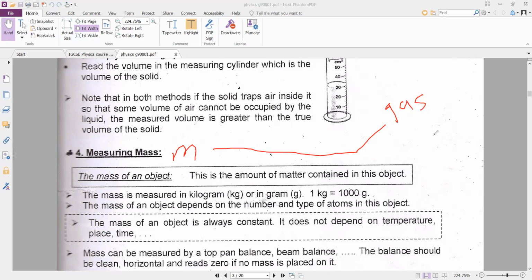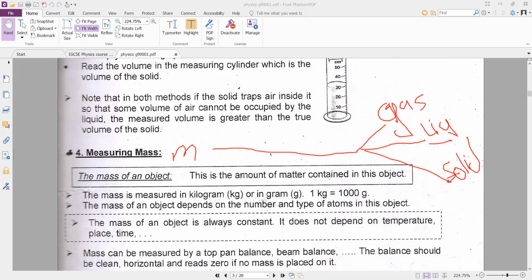And what else? Liquid, we know liquid. And another is solid. You understand? So any matter is divided into gas, liquid, and solid.